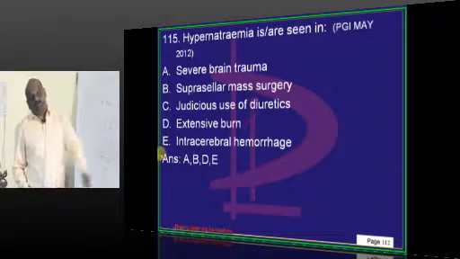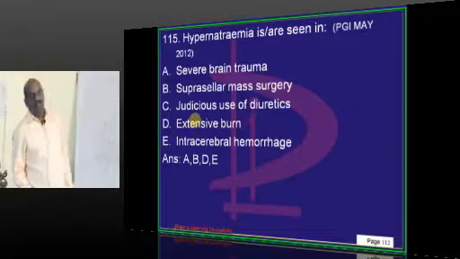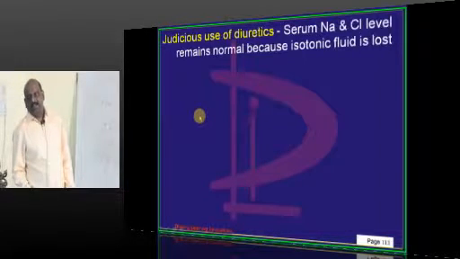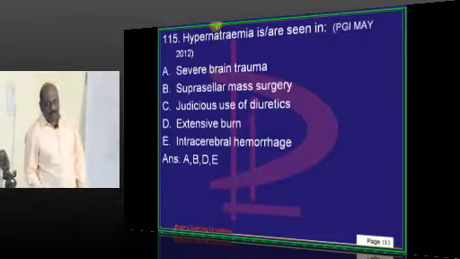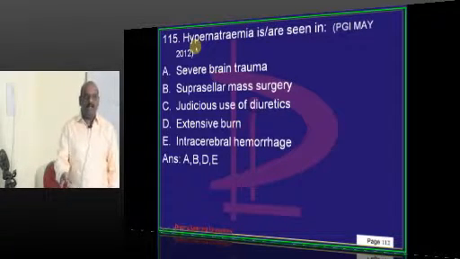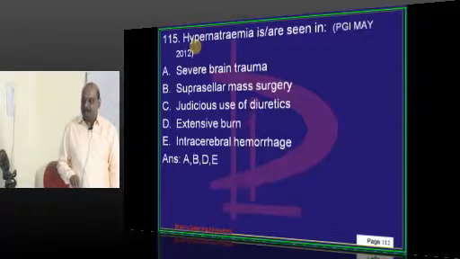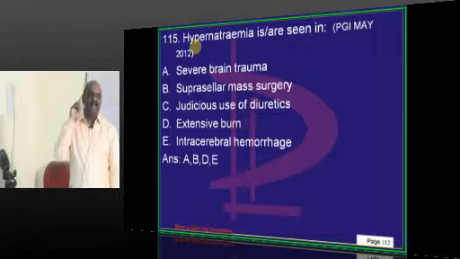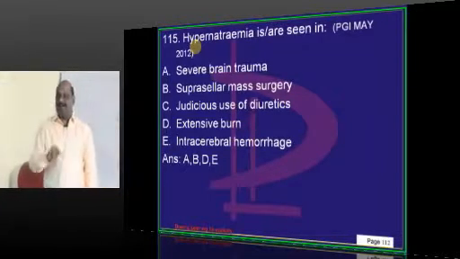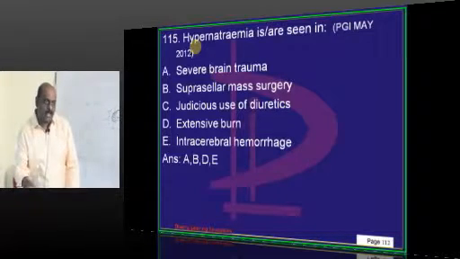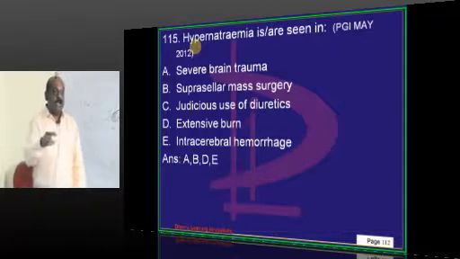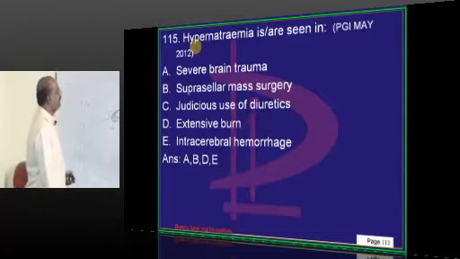Both solute and water are lost in case of administration of diuretics, is what you need to remember. When will hypernatremia occur? If you lose more water and less solute, then you get hypernatremia. But diuretics generally make water loss and salt loss almost proportionate. Hence, isotonic loss will be there.